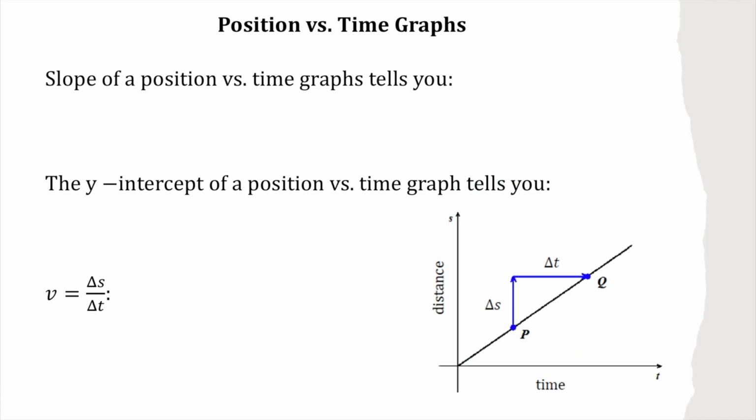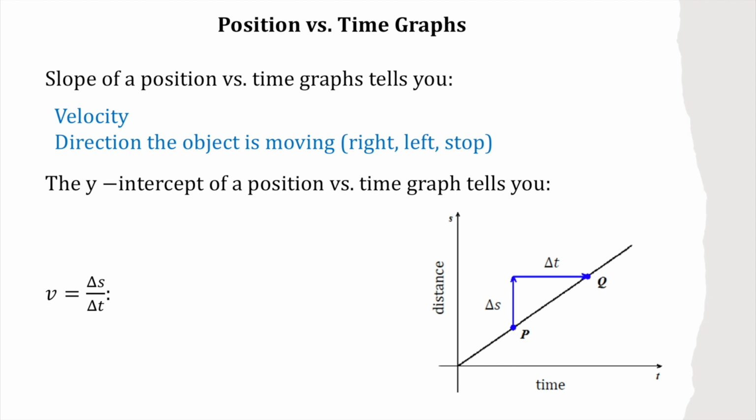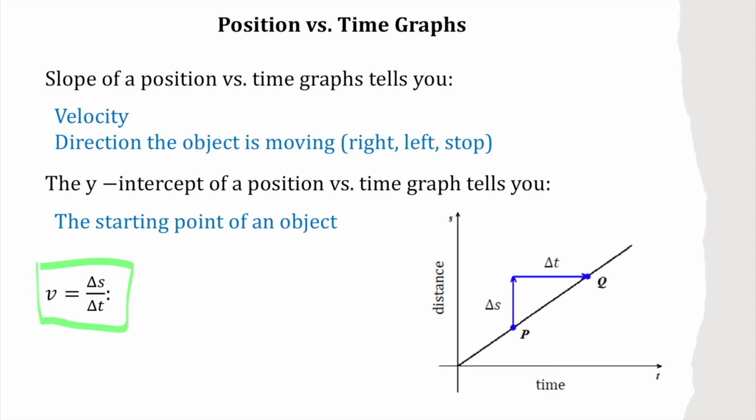The slope of a position versus time graph tells you the velocity. It also tells you the direction the object is moving: right, left, or not moving at all. The y-intercept of a position versus time graph tells you the starting point of an object. And then what is this? That says velocity equals change in position over change in time.